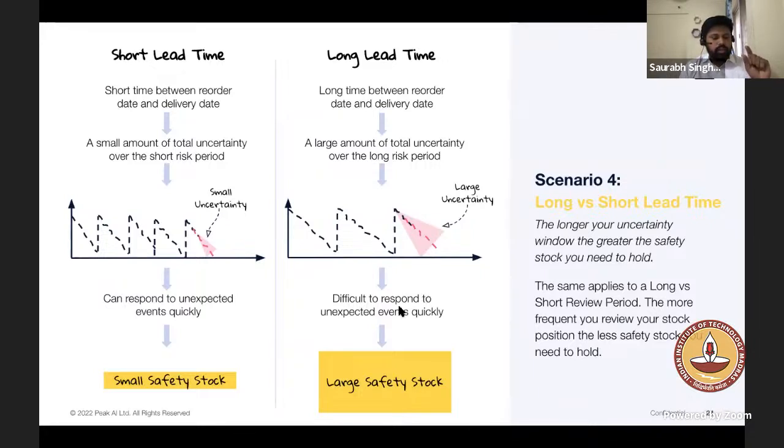And in cases of an unexpected event, for example a spike in demand, it is difficult to respond, because even if you order today, you know that your goods are going to come say 2 months after, which does not make any sense, because maybe 2 months after the demand goes very low. The demand goes down. So in that scenario also, you need to keep a large safety stock.